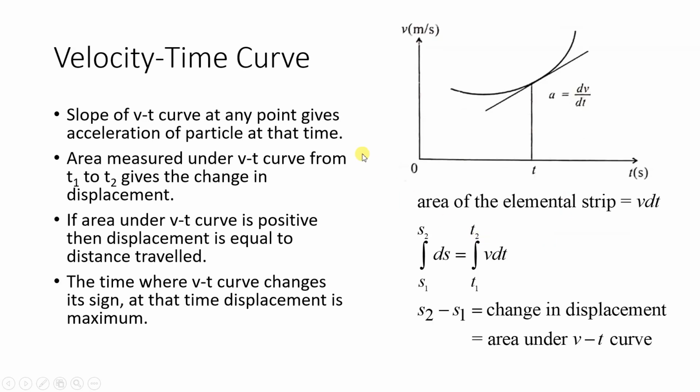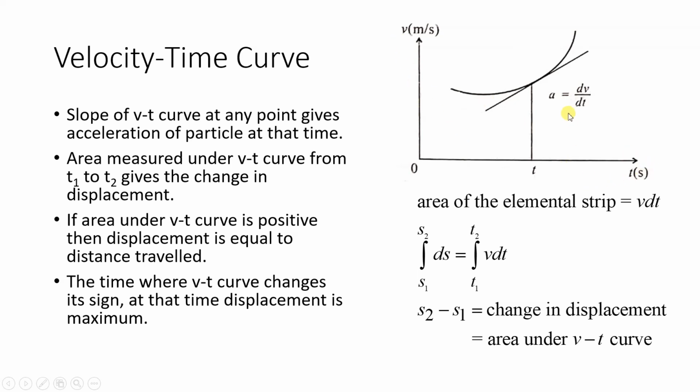Now the next motion curve is the velocity time curve. So the y-axis is velocity in meters per second, the x-axis is time in seconds, and here you can see one curve has been shown, and again a tangent has been drawn from a reference point. Now what will be the slope of this VT diagram? It will be dy by dx, no? So it will be dv by dt.